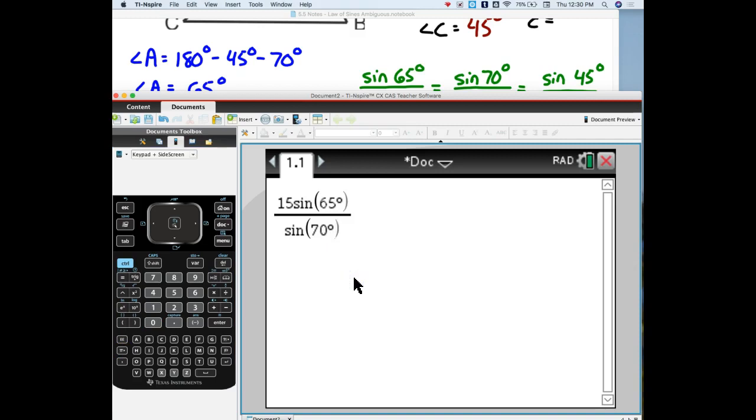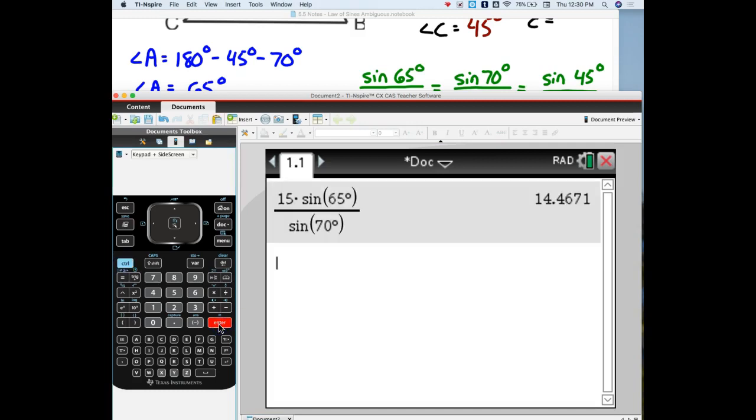Remember, you can always override, like currently my calculator is in radians. I can override that by using the degree key. Gives me 14.4671.